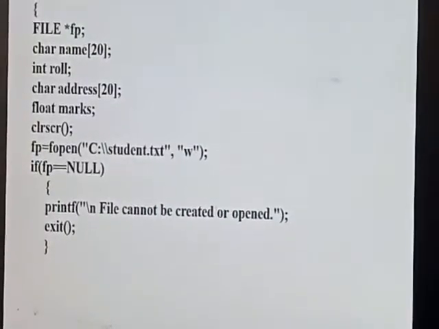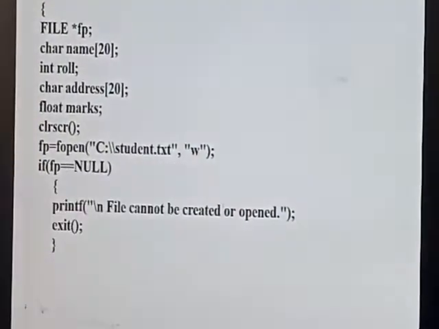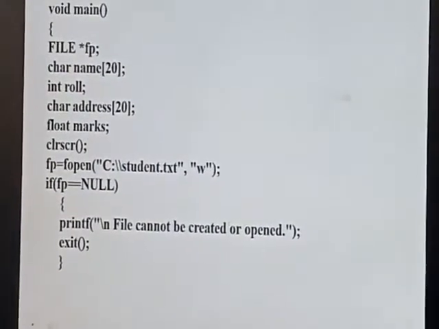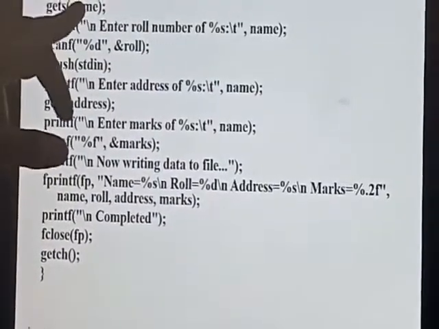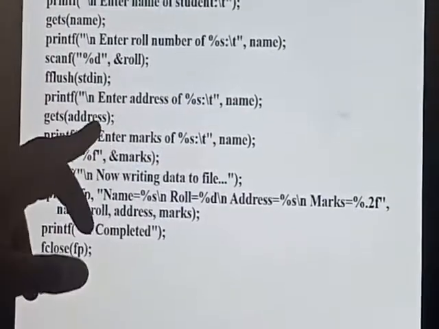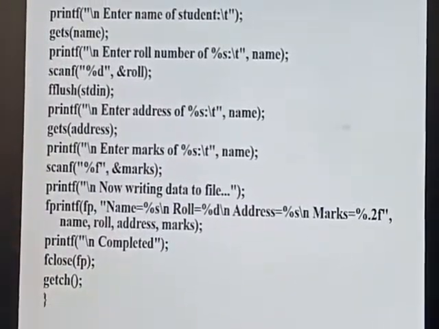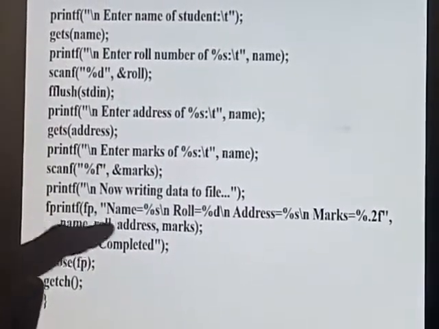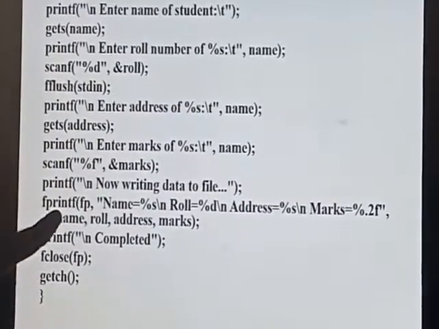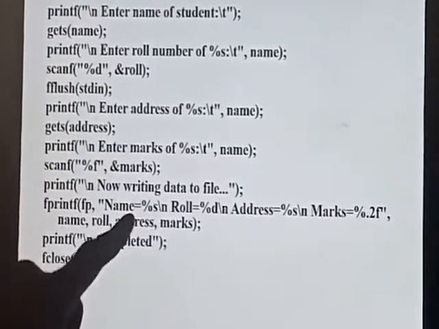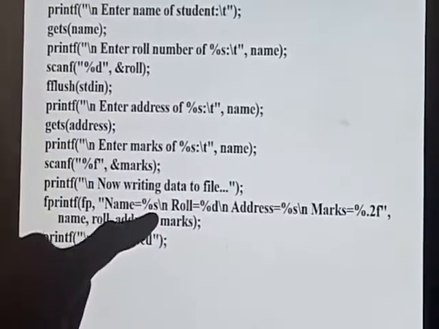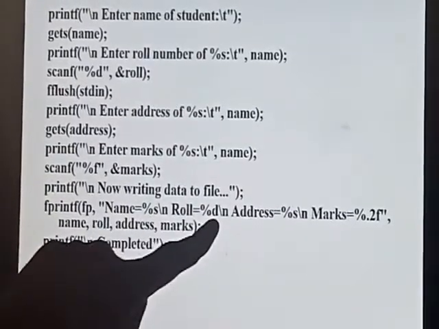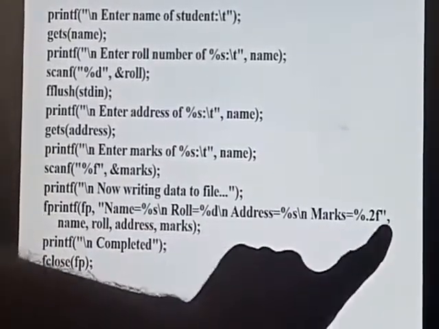And this is an example here. I am opening the file in write mode, and I am reading the name, roll number, address, and marks. All these have been written using fprintf: with the file pointer and the text, name you will have the value, roll you will have the value, address you will have the value, mark you will have the value.